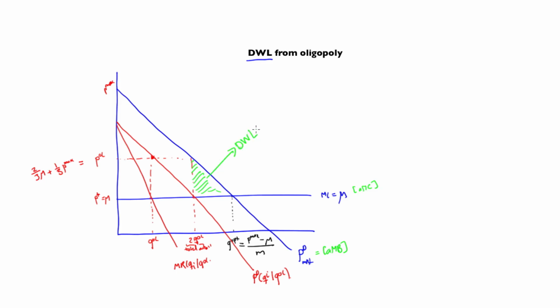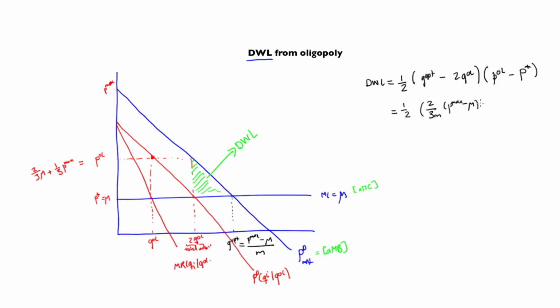Now let's compute what the deadweight loss is. That deadweight loss, I'm going to do it on the right hand side, is going to be equal to 1/2, because it's a triangle, the optimal quantity minus the 2QOL, which is the quantity generated by the oligopoly, and that's the base of the triangle, times the height of the triangle, which is the price of the oligopoly minus the price in equilibrium. And this is basically going to be 1/2 of 2/3 m times (P max minus mu).